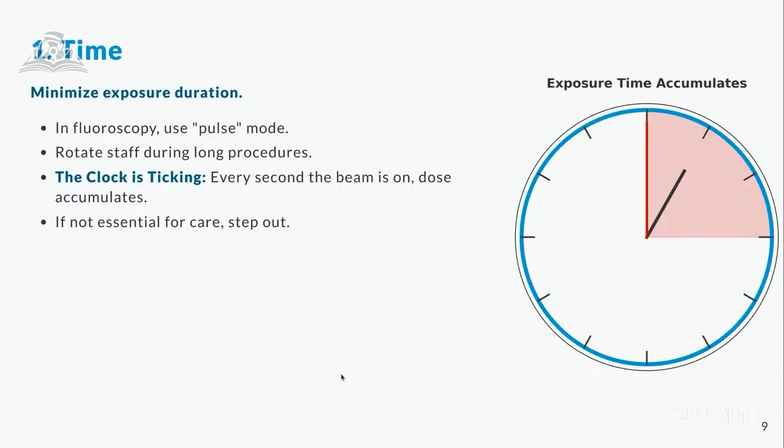We could also rotate staff during long procedures. If the procedure takes a lot of time, the staff needs to be involved inside, very close to the patient. You should already be planning for that and shift the staff, especially those who are at high risk or those that are very close to the patient.